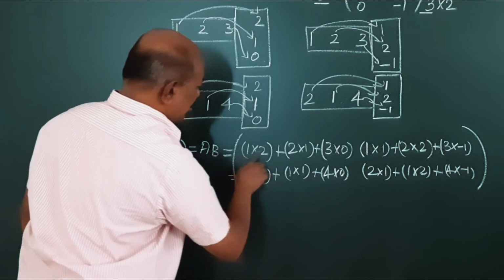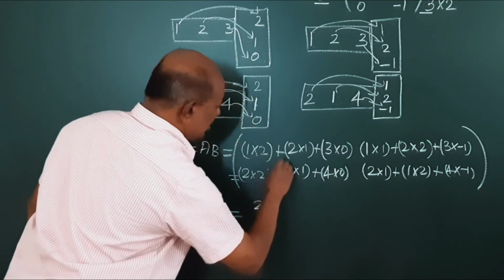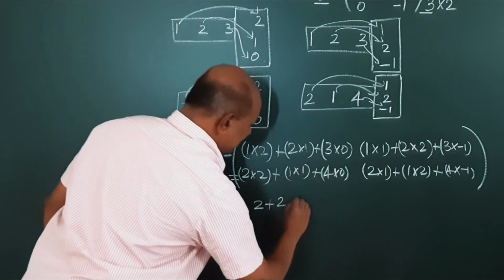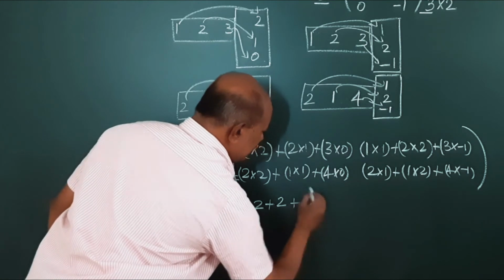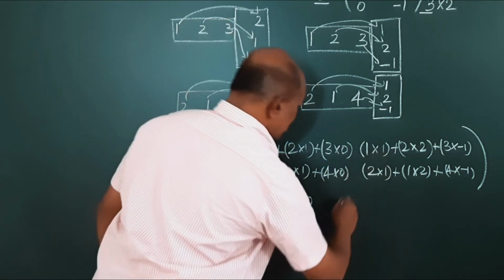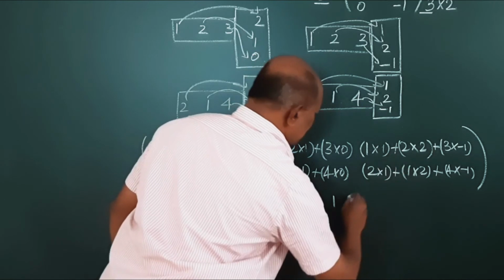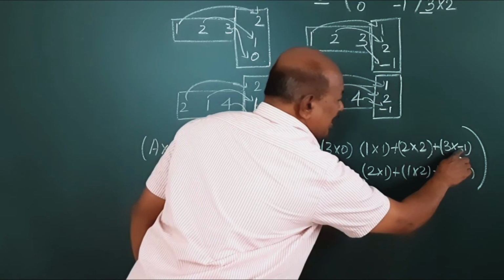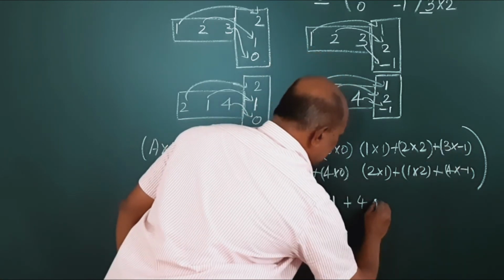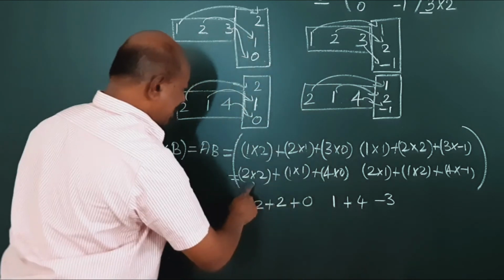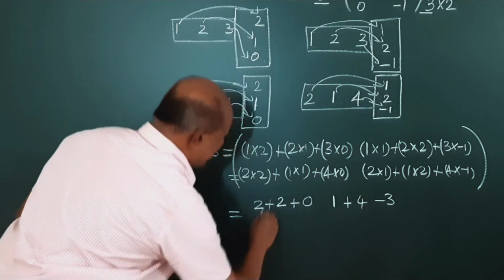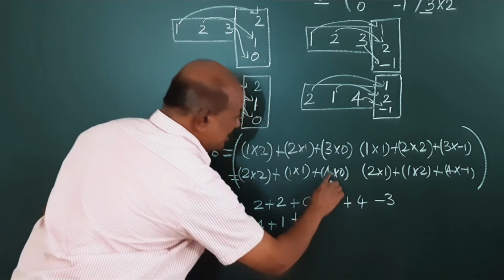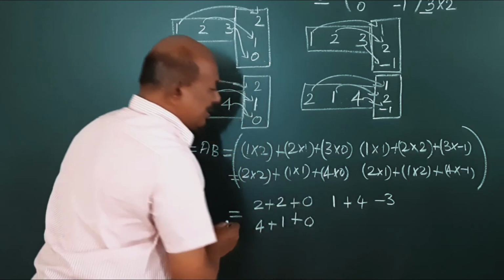That is equal to 1 into 2, 2, plus 2 into 1, 2, plus 3 into 0, 0. Like that, 1 into 1, 1, plus 2 into 2, 4, plus 3 into minus 1, minus 3. Here 2 into 2, 4, plus 1 into 1, 1, plus 4 into 0, 0.